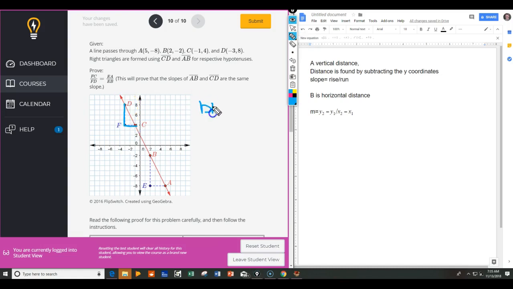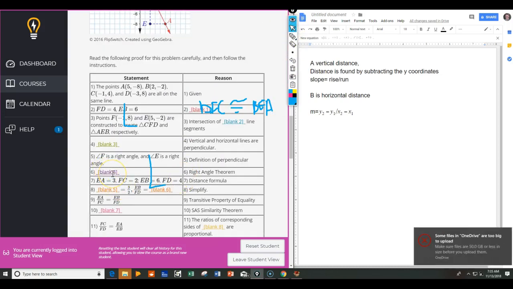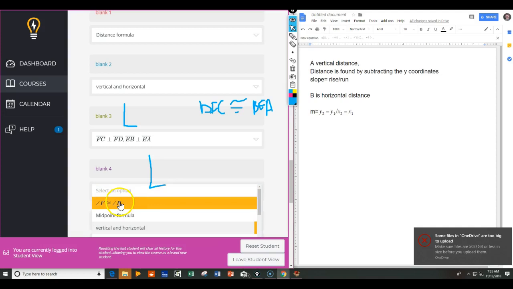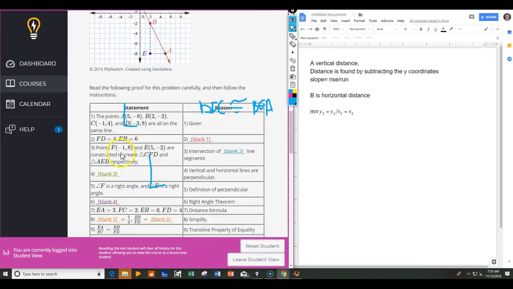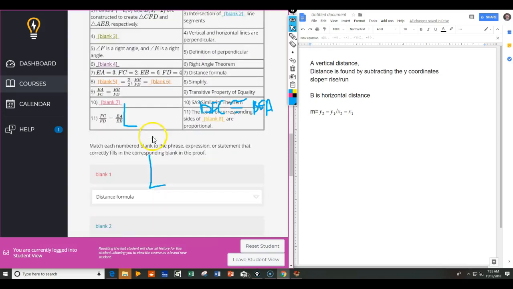So DFC is going to be congruent to BEA. So that's what I'm scanning for blank 4. Oh, okay. They only have angle F is congruent to angle E, which simplifies it. So angle F is congruent to angle E. Yes, that is true.